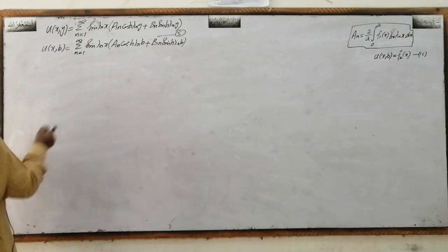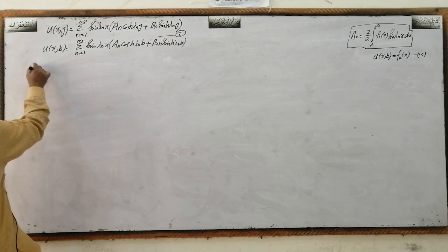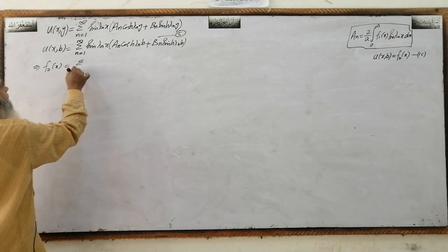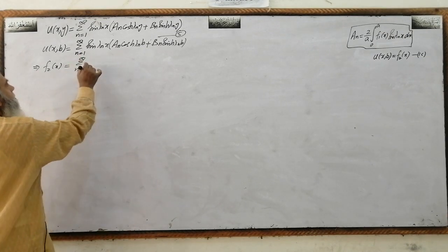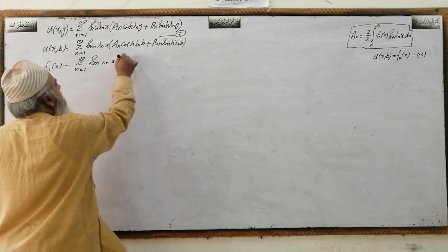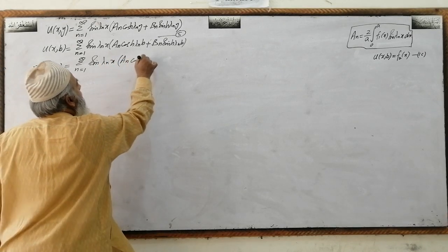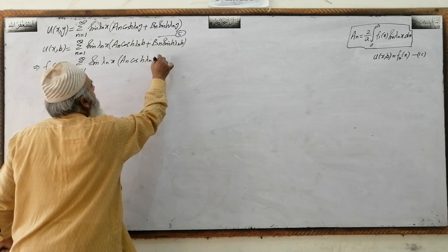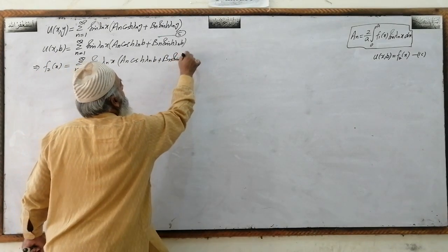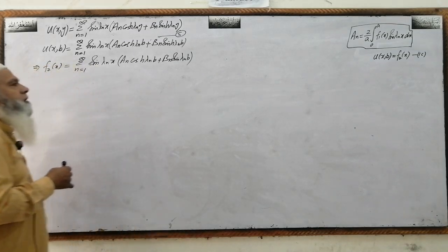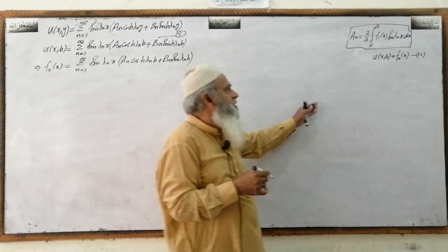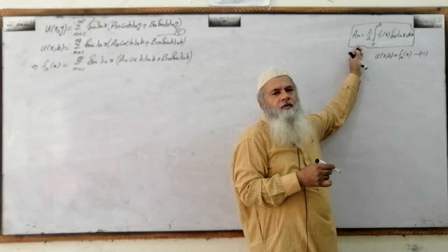Therefore we put here f2(x), which is sigma n varies from 1 to infinity sine lambda n x into [an cosh lambda n b plus bn sinh lambda n b]. The procedure is the same as we did to find the value of an. What will we do here?